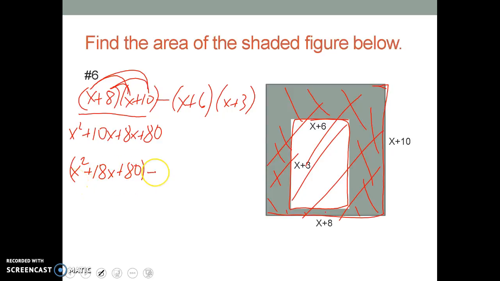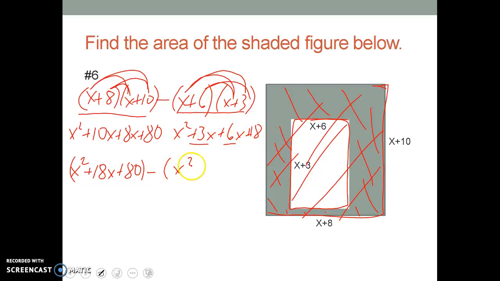But then I'm going to subtract what I get when I multiply these two terms together. So here again, I'm going to FOIL. X times x is x squared. X times 3 is 3x. 6 times x is 6x, and 6 times 3 is 18. So when I combine like terms here, I will have x squared plus 3x and 6x is 9x plus 18.